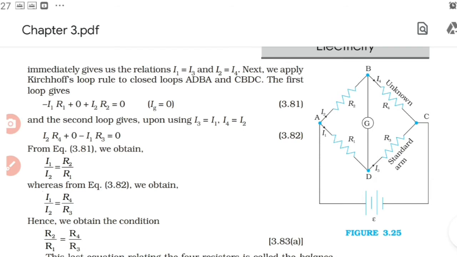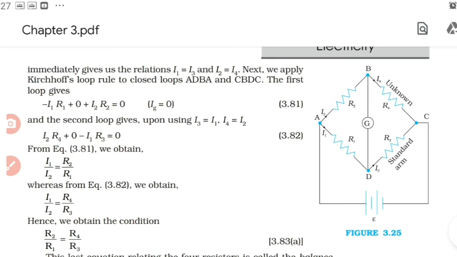It is because of the change in concept which we took; for easiness I taught you another concept. But taking one negative sign outside, you will get the same equation. So you write as you learned in the previous session. So the equation is I1 R1 minus I2 R2 equal to 0 for the loop ADBA.